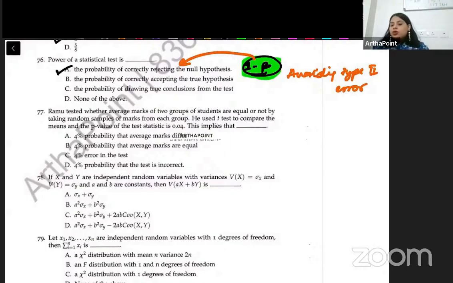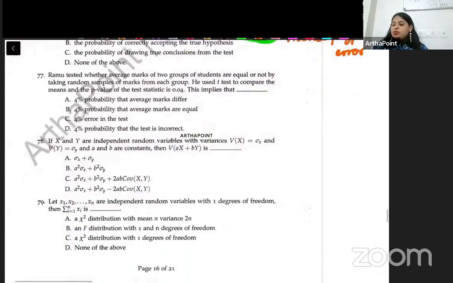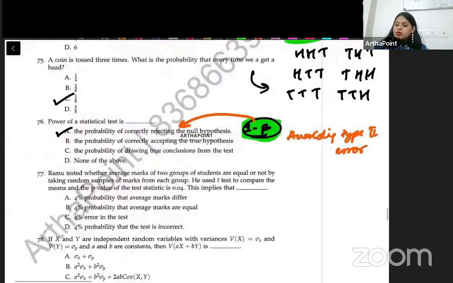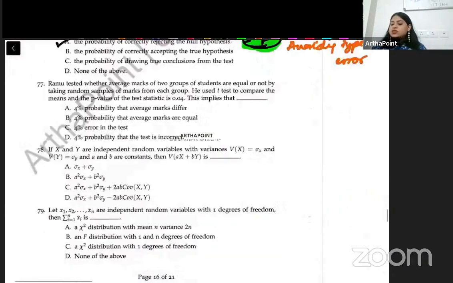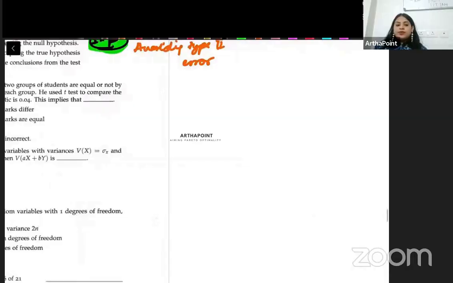Okay, so come to the next question. Ramu, this is done. Now it says Ramu tested whether average marks of 2 groups of students are equal or not by taking a random sample of marks from each group. He used a t-test to compare the means, and the p-value of the test is 0.04. This implies that, so better just think about it.